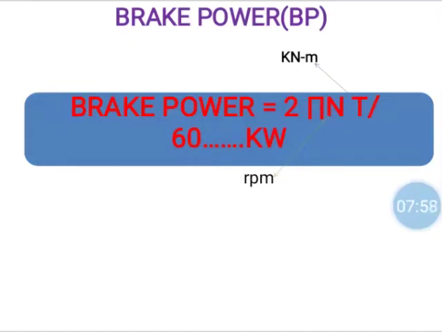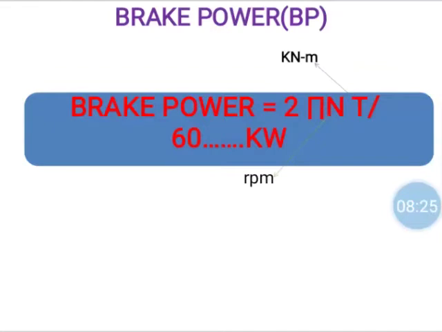You can see that the torque is always substituted in kilonewton meter, and speed is always substituted in RPM. You must take care of all these substitutions and conversions. So like this, the brake power is calculated.